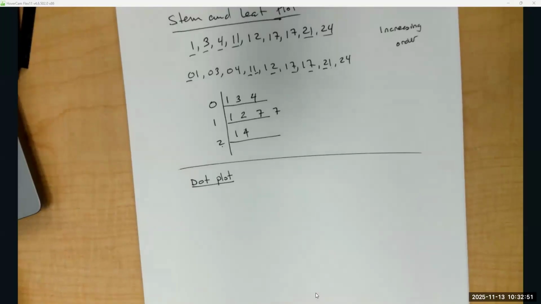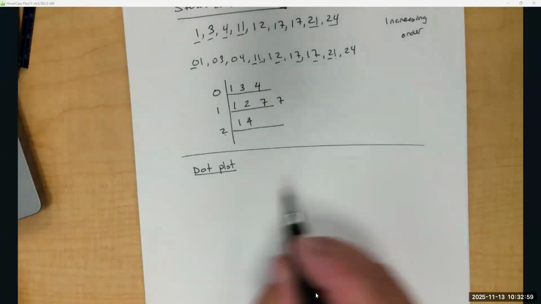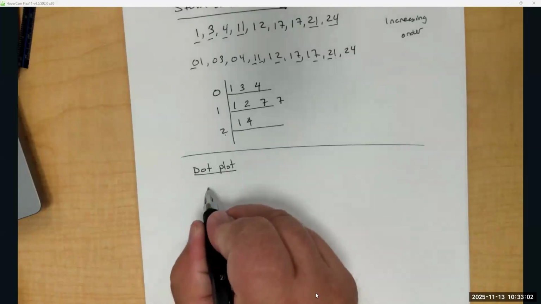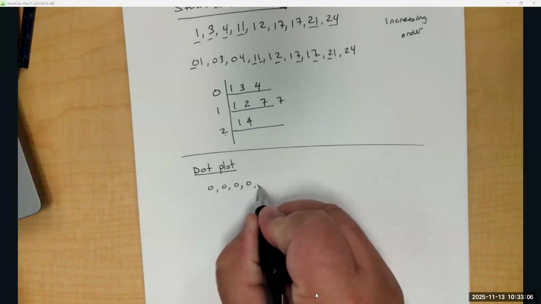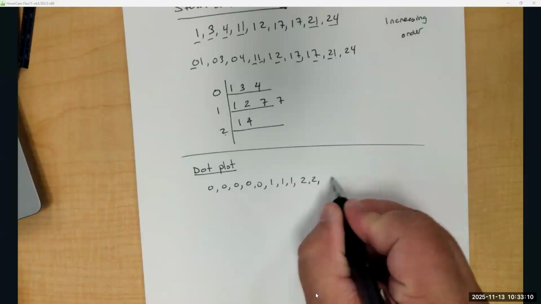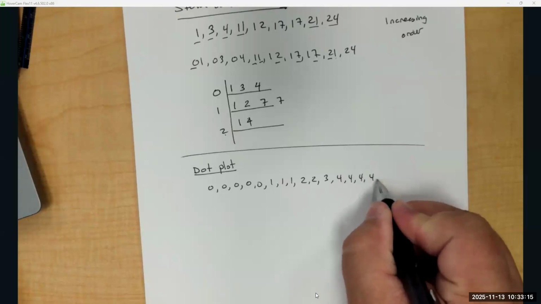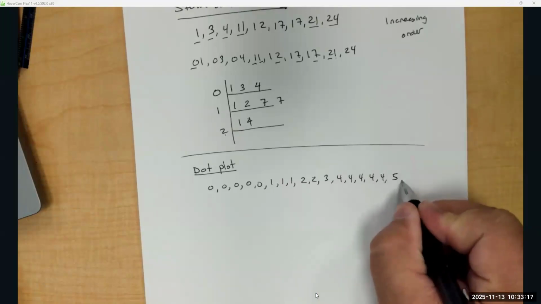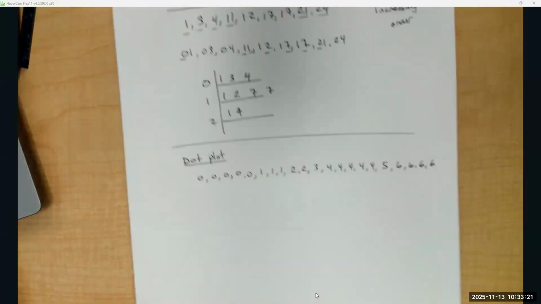Another type of graph method that we use is called the dot plot. Let's say we have this as our data.